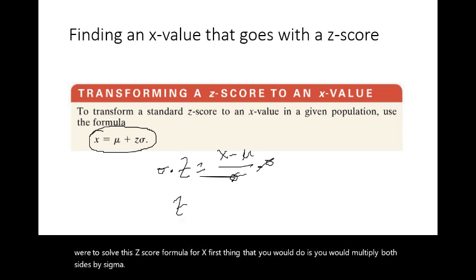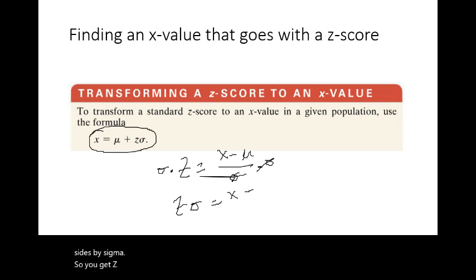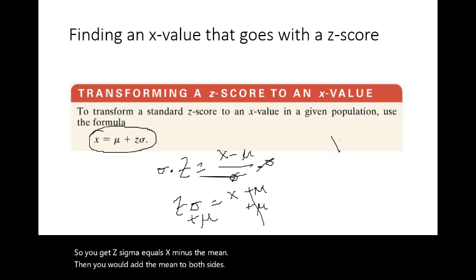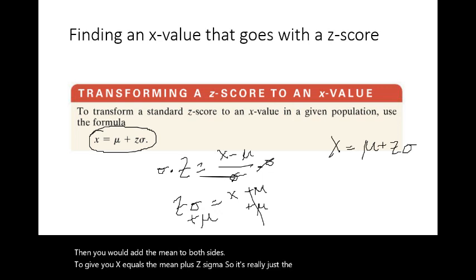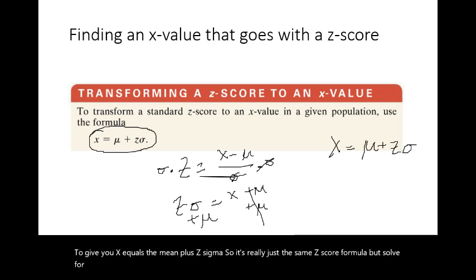So you get Z sigma equals X minus the mean. Then you would add the mean to both sides to give you X equals the mean plus Z sigma. So it's really just the same Z-score formula, but solved for X. This formula will turn a given Z-score back into an X value for a given population that has a given mean and standard deviation.